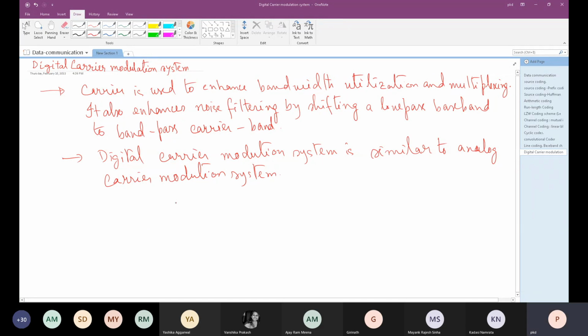So for example, the simplest form, like in the analog system we call it amplitude modulation, here it is called amplitude shift keying. Similarly, there it is phase modulation, here it is called phase shift keying. And similarly, instead of frequency modulation, they are called frequency shift keying.